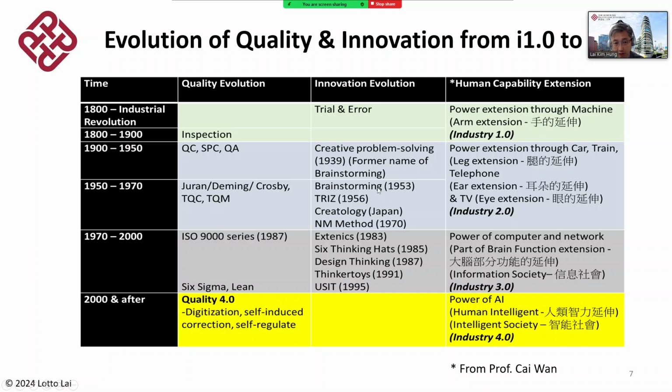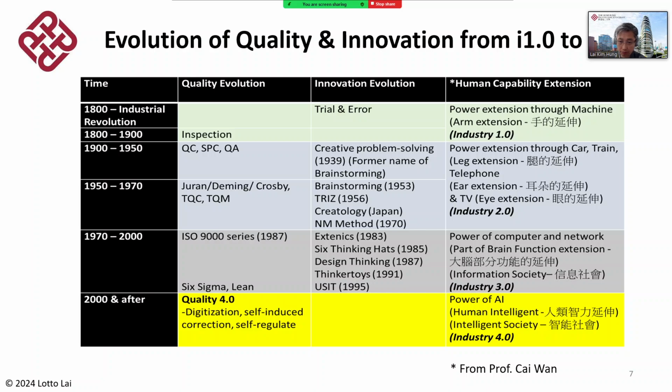And then Japan changed brainstorming in this period, and also has the NM method, which is from Japan. From 1983, we have the extended six thinking hats. Brown is a very famous figure. Design thinking is from the same time, and then TRIZ tools, usage simplified the TRIZ by the Japanese.